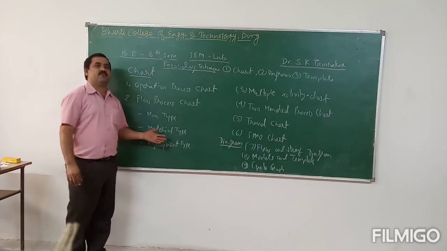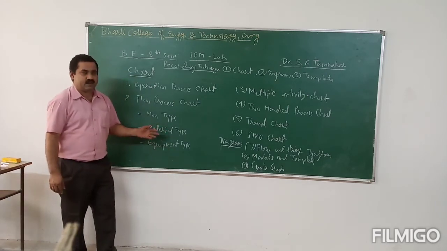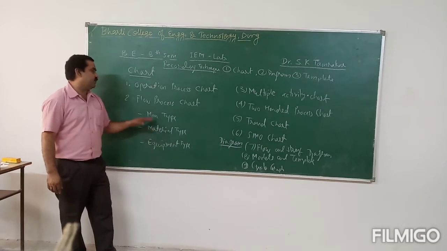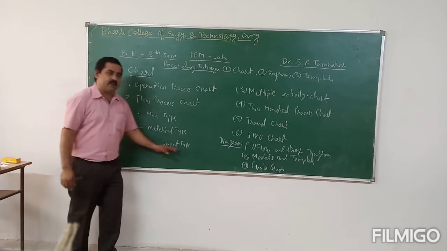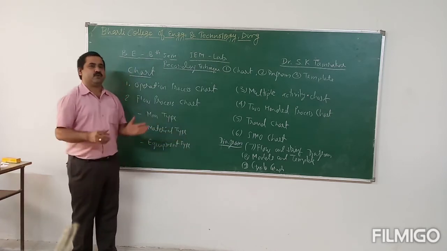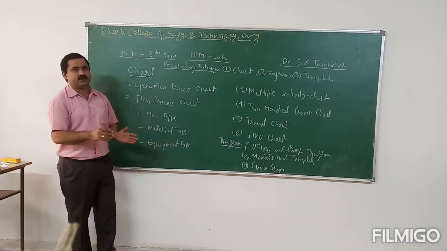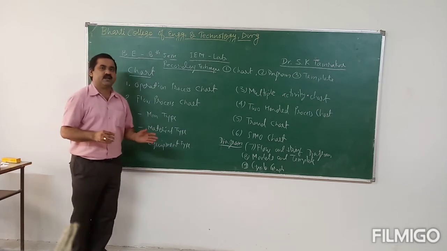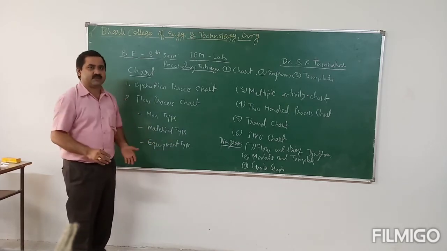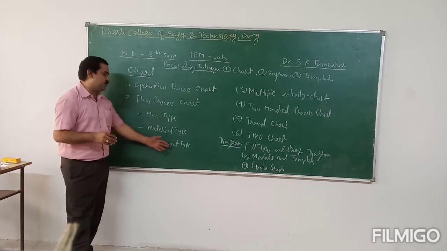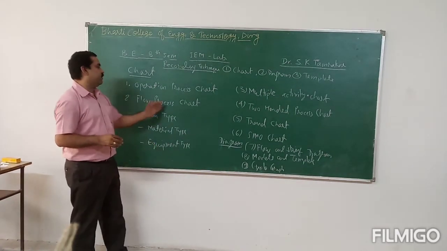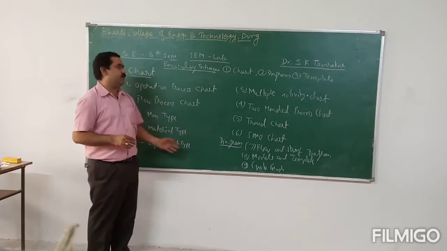For different types of work, different materials are used, so this material type flow process chart is used. Then next is equipment type. If in one row different types of machines are fixed and in another row different types of machines are fixed, then according to this arrangement of machines and equipment, the equipment flow process chart is made.